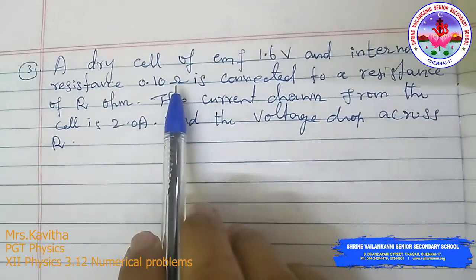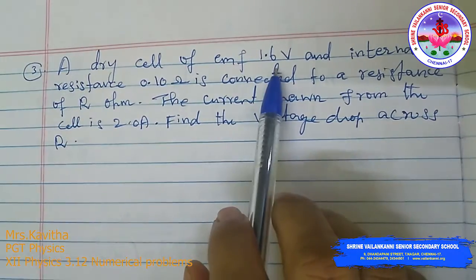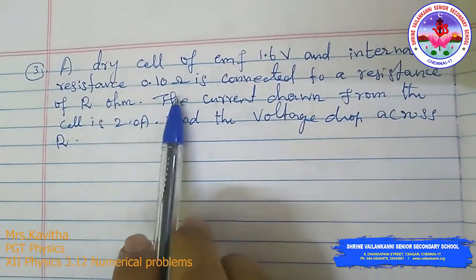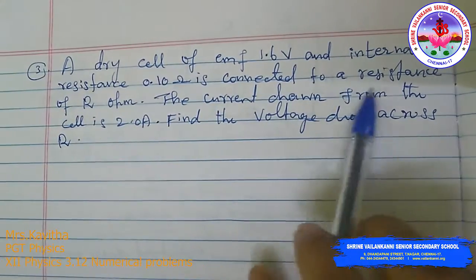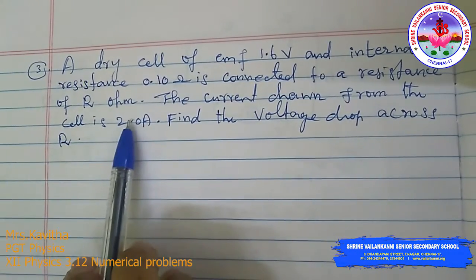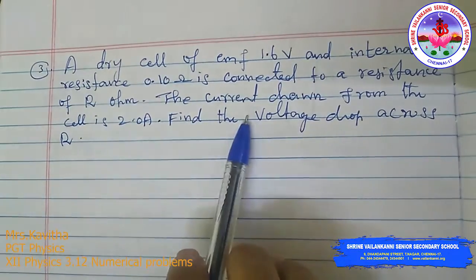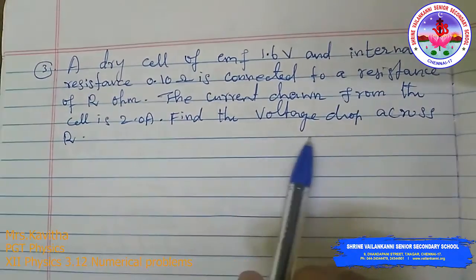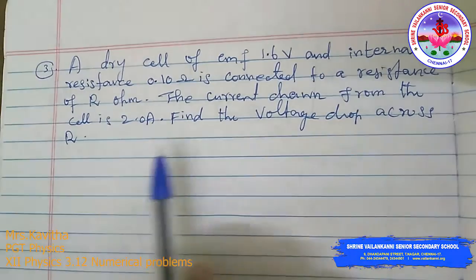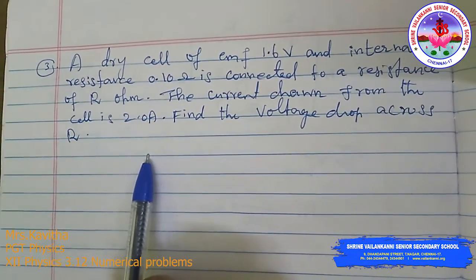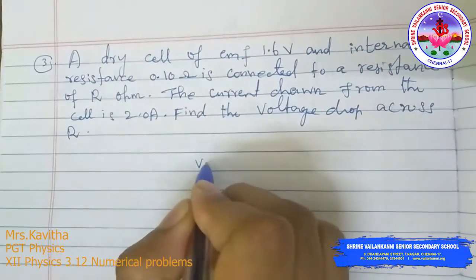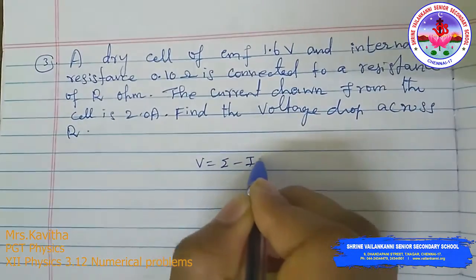A dry cell of EMF 1.6 volt and internal resistance 0.10 ohm is connected to a resistance of R ohm. Now the current drawn from the cell is 2 ampere. Find the voltage drop across R. So the voltage drop across R is given by the formula V equal to E minus Ir.